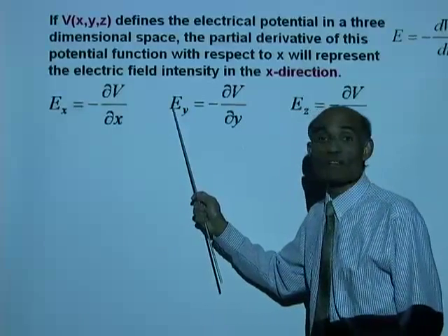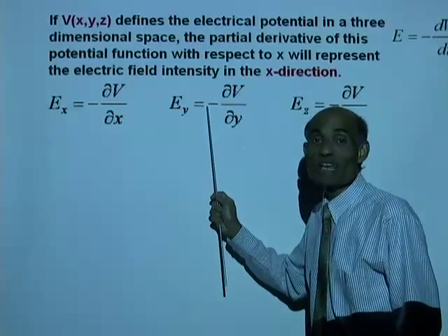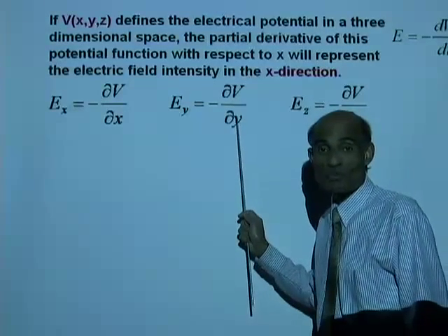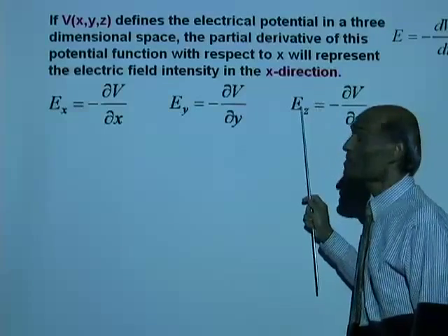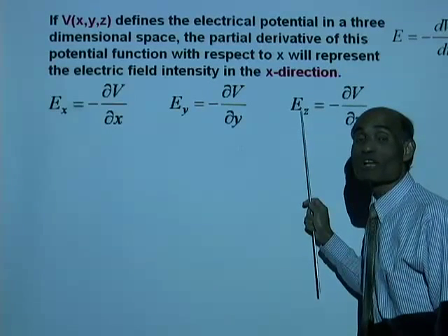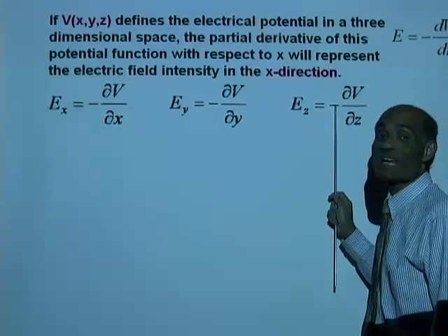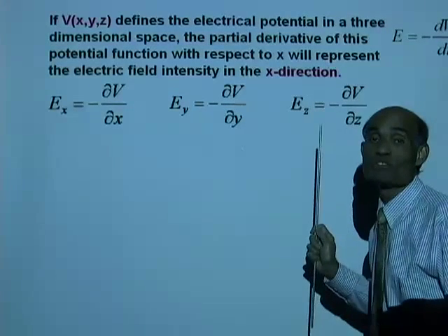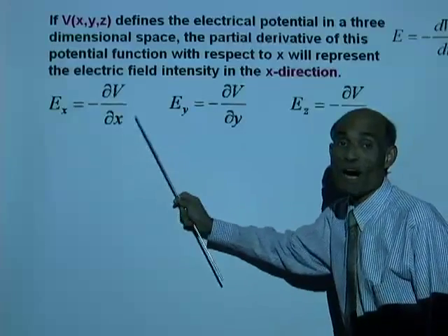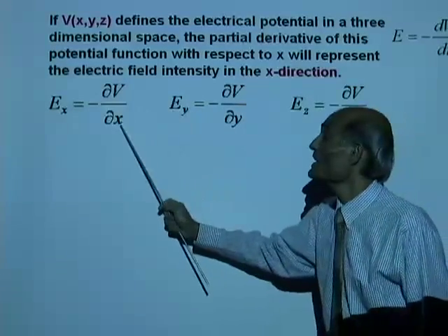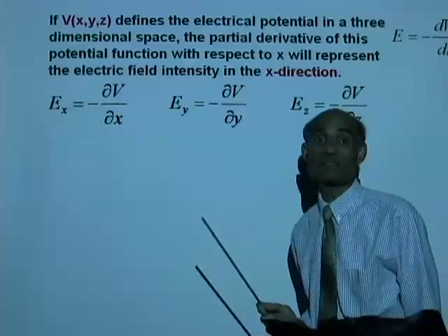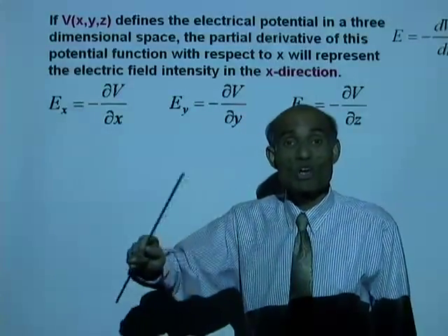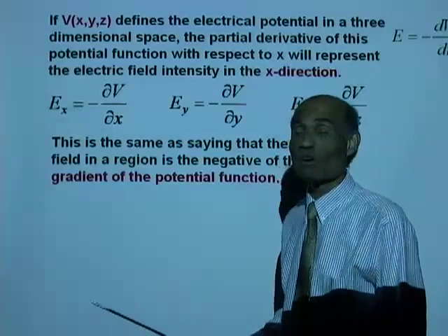The electric field in the y direction is negative of the derivative of the potential function in the y direction, and the electric field in the z direction is negative of the derivative of the potential function in the z direction. They are called the partial derivatives in the x, y, and z direction. We can combine all this and write a single equation for the potential function.